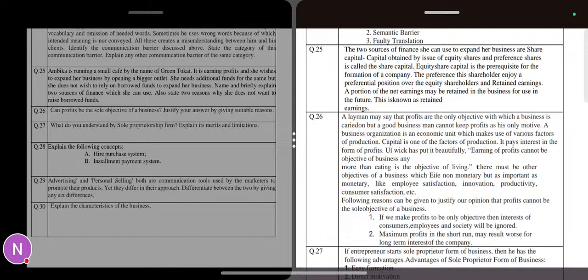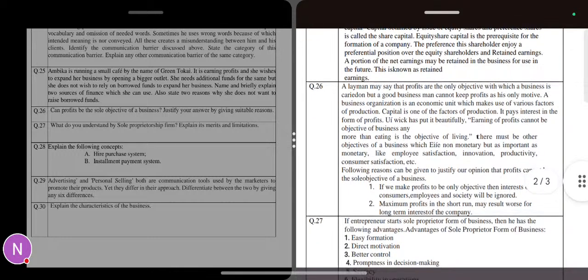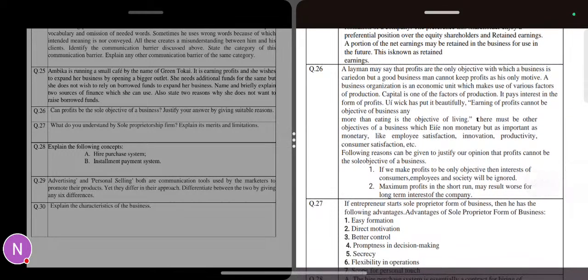As has been put beautifully, earning of profit cannot be the objective of business any more than our eating is the objective of living. There must be other objectives of business, which are non-monetary as well as monetary, like employee satisfaction, innovation, productivity, consumer satisfaction, etc. The following reasons justify our opinion.